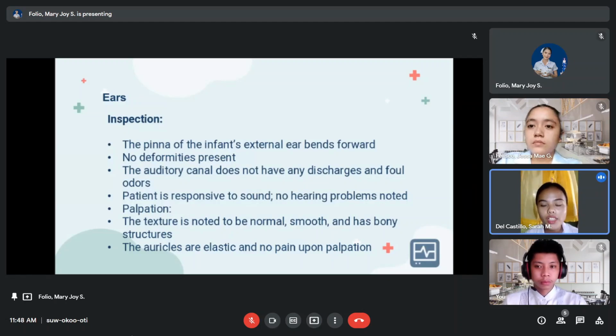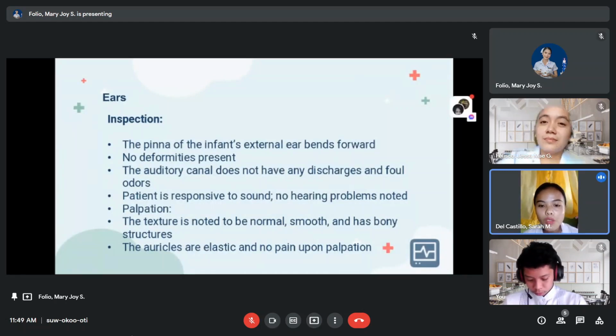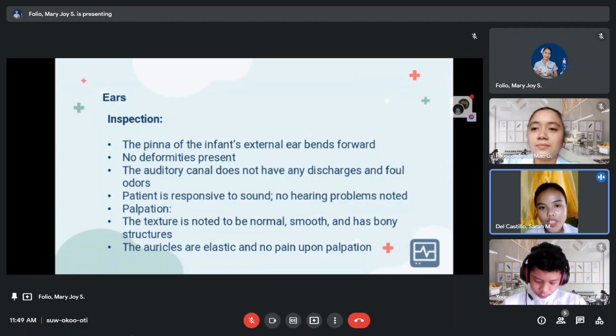The auditory canal does not have any discharges or foul odors. Patient is responsive to sound, no hearing problems noted. Upon palpation, the texture is noted to be normal, smooth, and has bony structures. The auricles are elastic and no pain upon palpation.